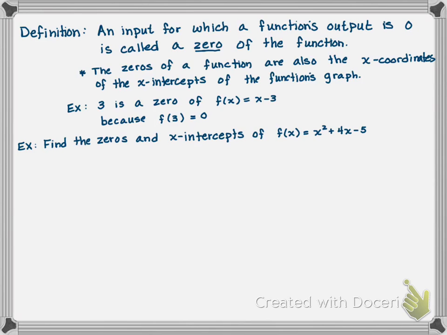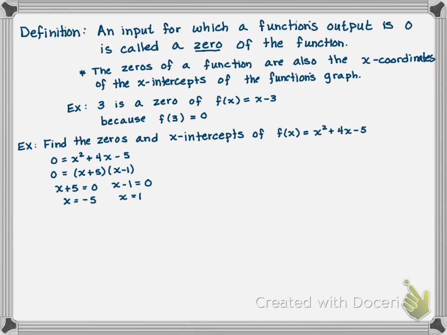We just want an output or a y value of 0, right? So we're going to replace f of x, our output, with 0. So we have 0 equals x squared plus 4x minus 5. And then we can solve that by factoring. So 0 equals x plus 5 times x minus 1. And so x equals negative 5 and x equals 1.